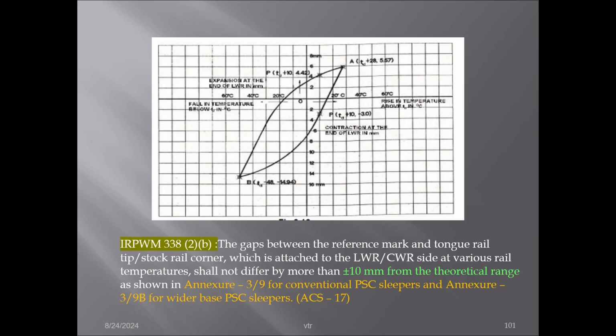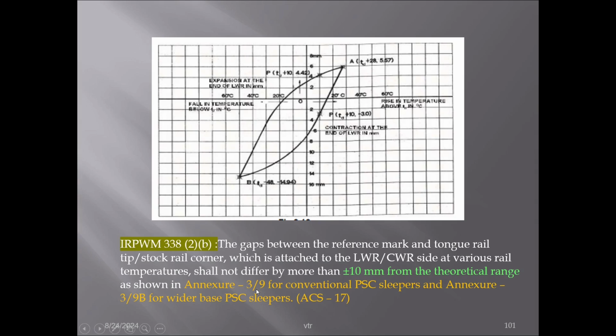There will be some mistake in fixing the TD temperature, there will be some creep in the rail, and there will be loss of ballast resistance. Considering all those things, a 10 mm allowance is given above and below. When the existing gap falls within this range, it's okay. Otherwise, as already discussed, we have to go for destressing of LWR.